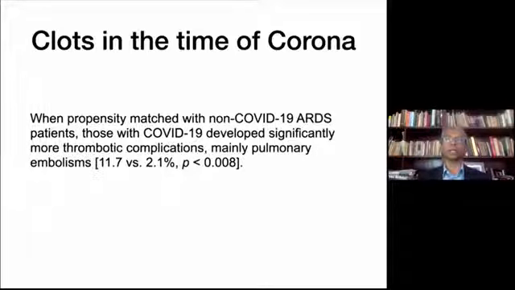In comparison with ARDS patients in the non-COVID era, it is 11.7% versus 2.1%. So that is more than a 5-fold risk of developing thromboembolic complications in patients with severe COVID-19 as compared to non-COVID-19 patients with ARDS.